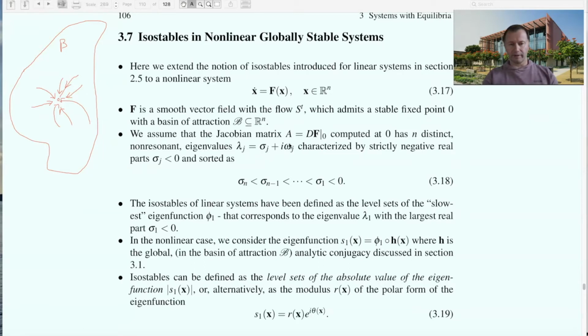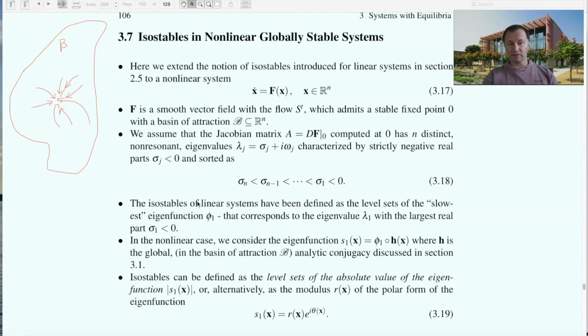Sigma_j is the real part, omega_j is the imaginary part. And the stability assumption tells us we're going to have strictly negative real parts, and they are ordered like this. So 0 is bigger than sigma_1. Lambda_1 is going to be the quote unquote slowest eigenvalue, and this is its real part.